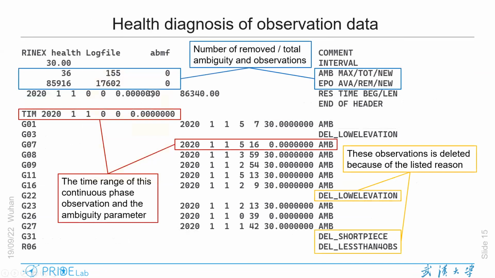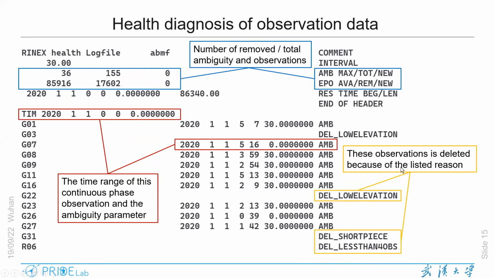Now what we see is the header of a log file. The ambiguity is labeled as A and B. They are listed in the block of their beginning epoch, as this upper red frame surrounds, and the ending epoch of this ambiguity parameter is listed on the right. The tag DEL means the tagged satellite is deleted in this epoch.